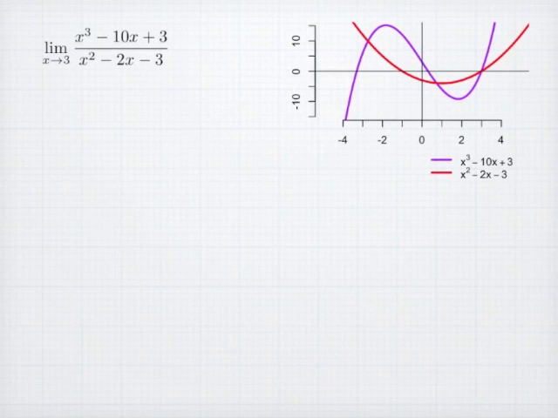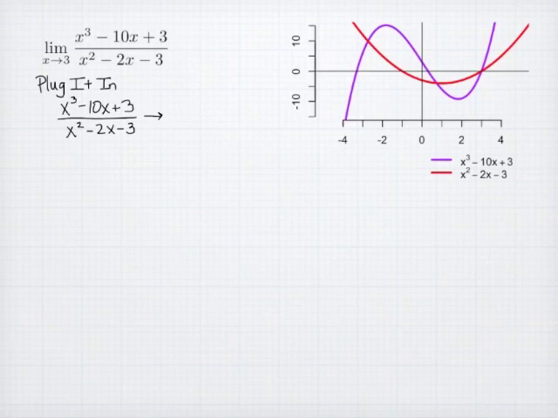I want to take a limit of the function x cubed minus 10x plus 3 divided by x squared minus 2x minus 3, and I want to do that as x approaches 3. This is not a piecewise function, so our first step is simply to try plugging it in.